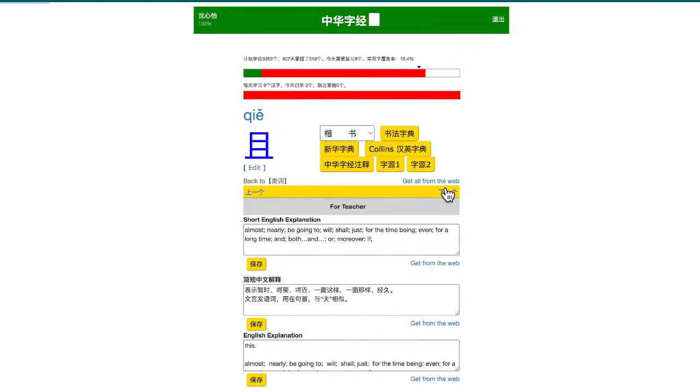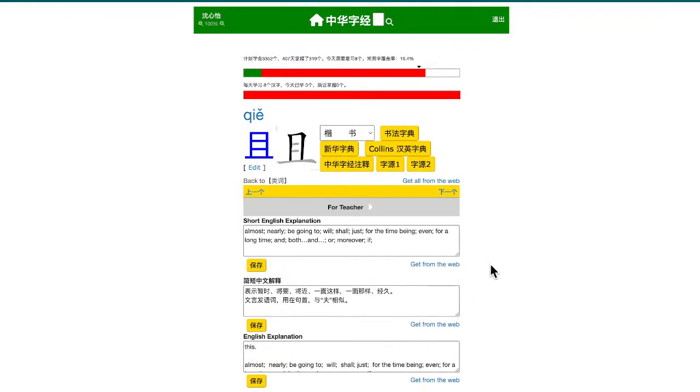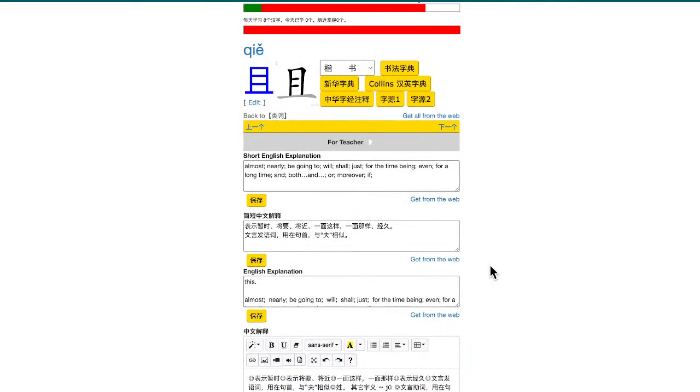Next one, 且. 且 means now, almost, nearly, be going to or will, shall, just for the time being, even, for a long time, and, both, and, or, moreover, if. So there are a lot of meanings, and this one serves a grammatical purpose, to indicate the structure of the sentence.